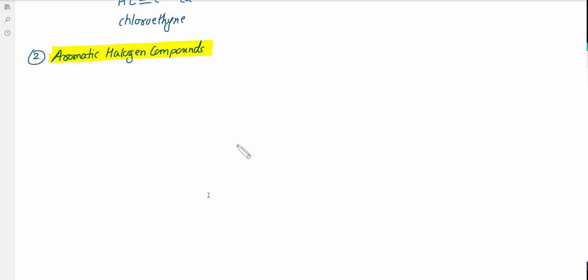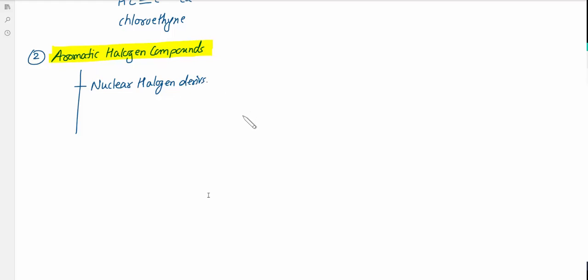So I think it is clear. So this will be divided into two, that is nuclear halogen derivatives.